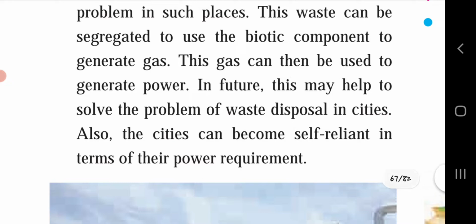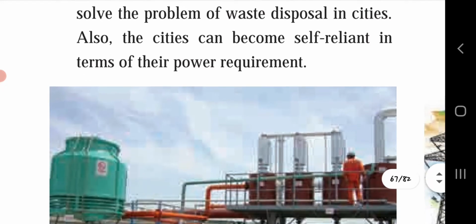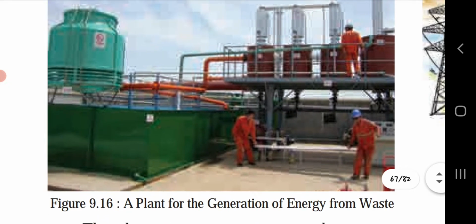So areas can become self-reliant, and their power requirement can be fulfilled by using this method. You can see figure 9.16, they are showing a plant for the generation of energy from waste. This is the process in which the waste can be converted into energy.